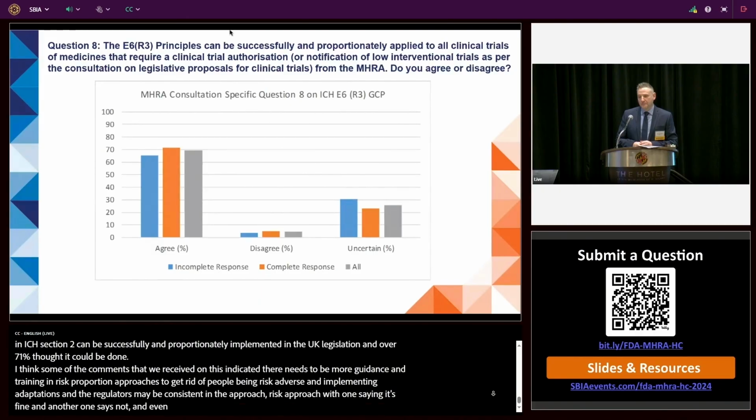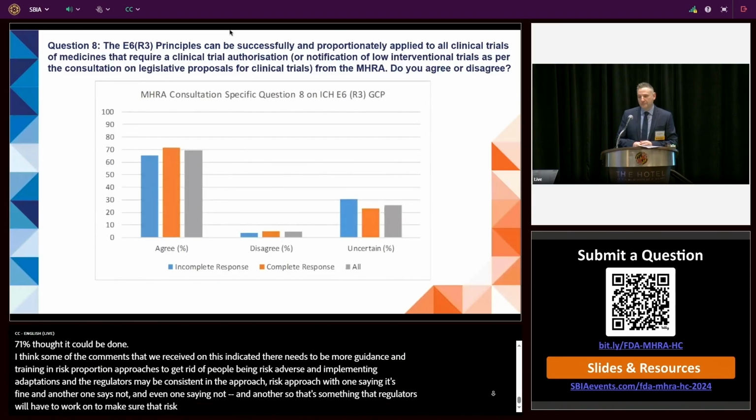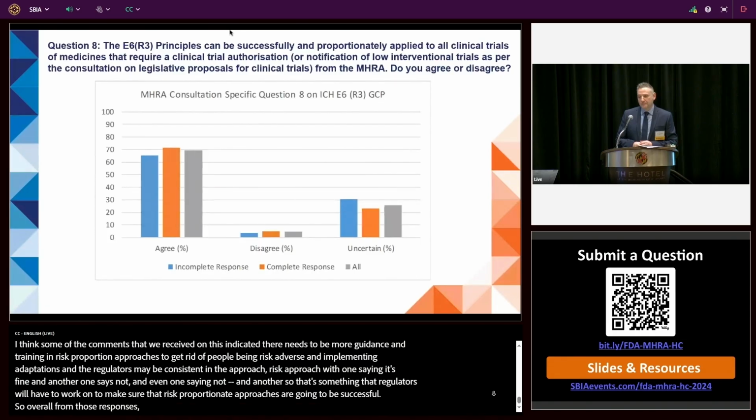So that's something I think regulators will have to work on to make sure that risk proportionate approaches are going to be successful. So overall, from those responses, I think there was a generally positive reception to the updated guideline.